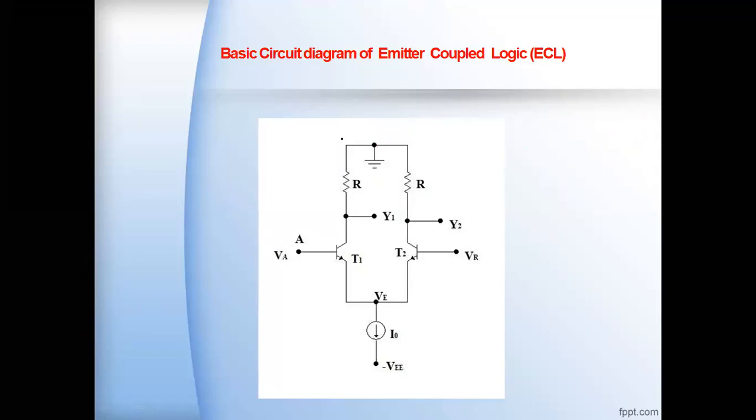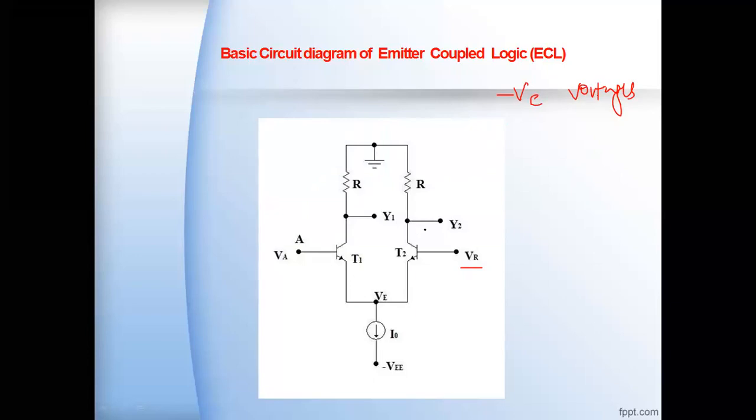So now let's see the operation of this emitter coupled logic. Here we have two transistors, T1 and T2, connected in the differential amplifier mode. One end is maintained at the reference voltage, and all the voltages in this emitter coupled logic are negative voltages only.